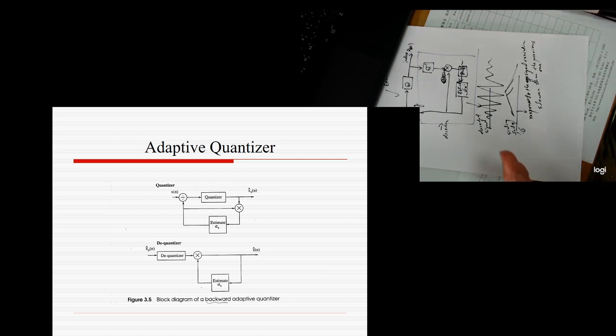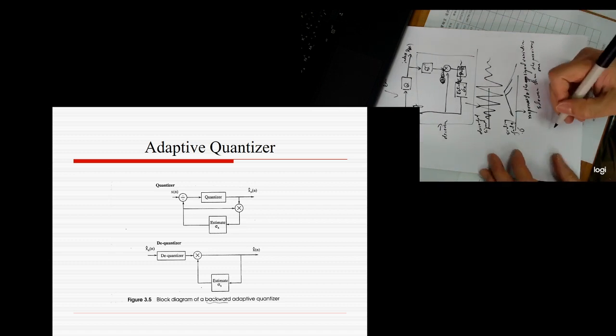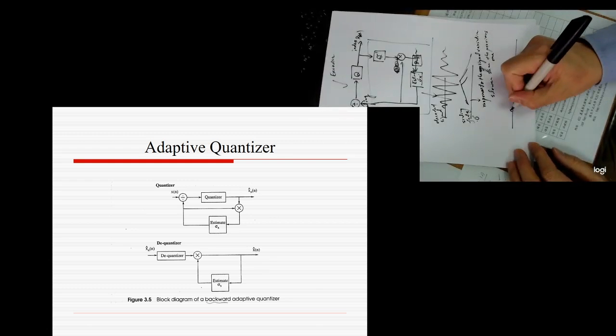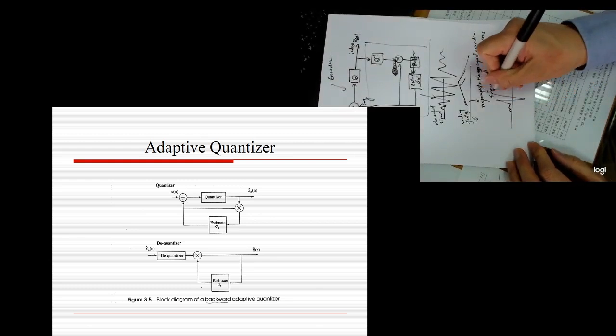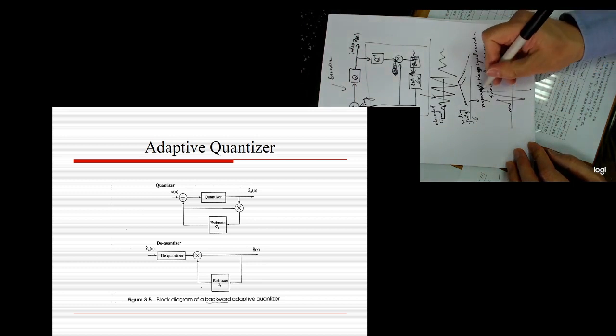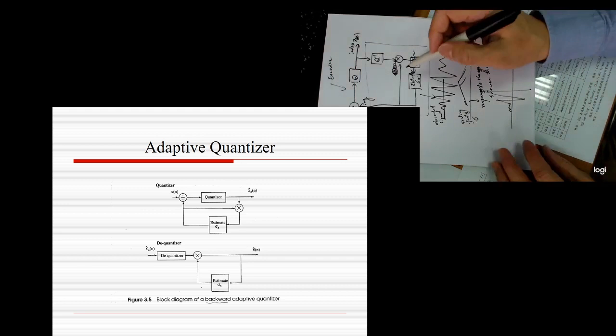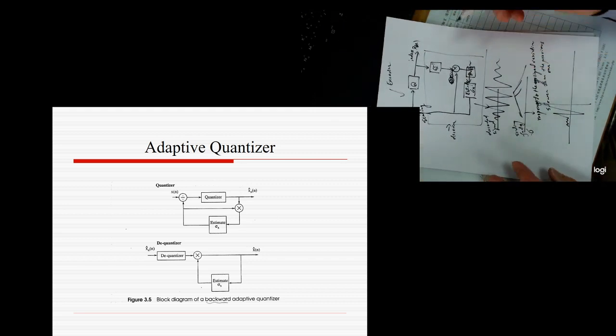Like if our current input data suddenly becomes bigger, or suddenly goes from smaller to bigger, we can base on the current input data to do the estimate. However, this one, backward adaptive, we are based on the previous decoded signal.